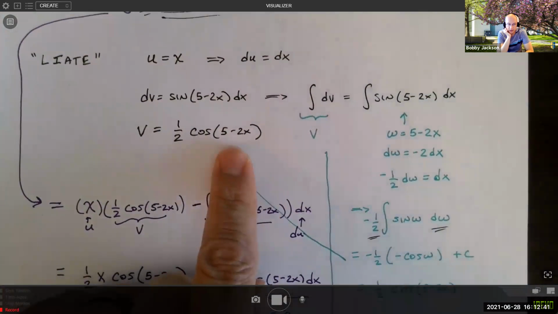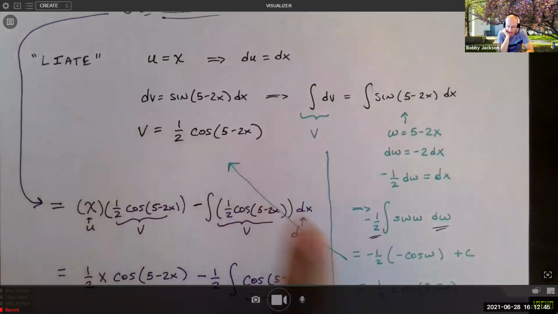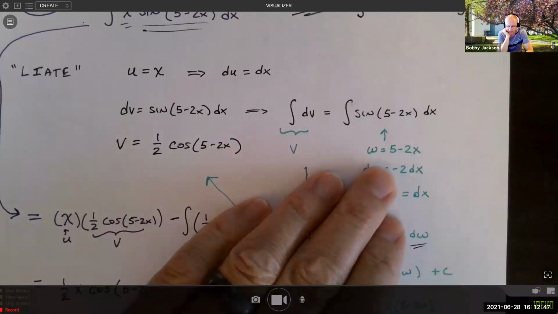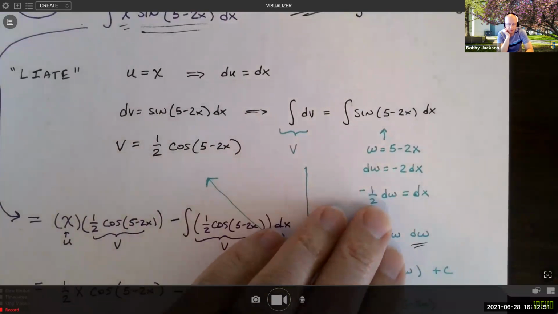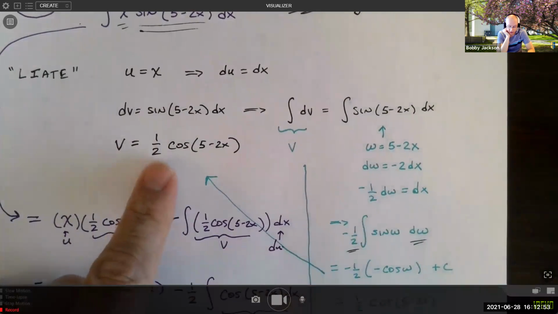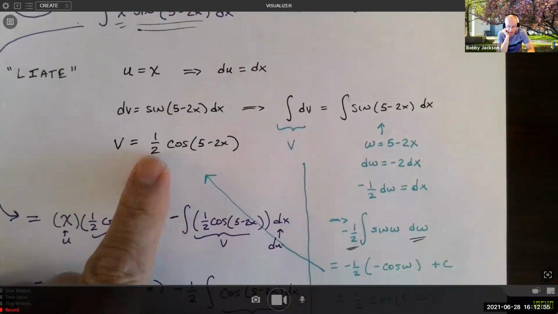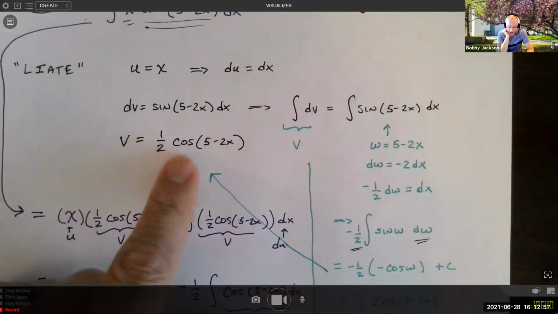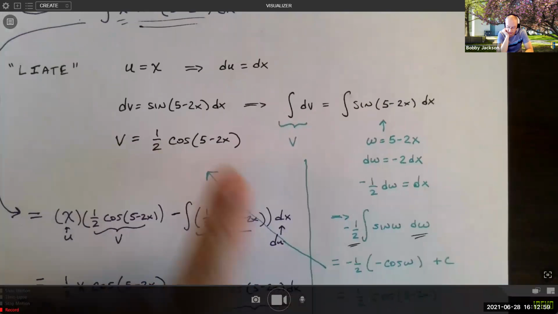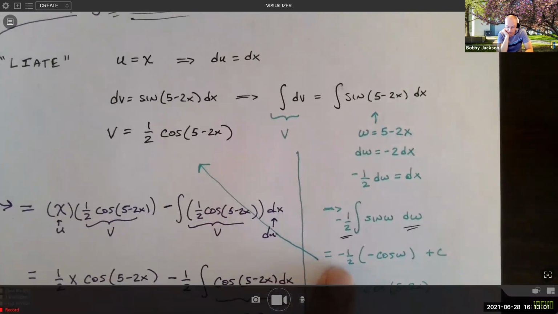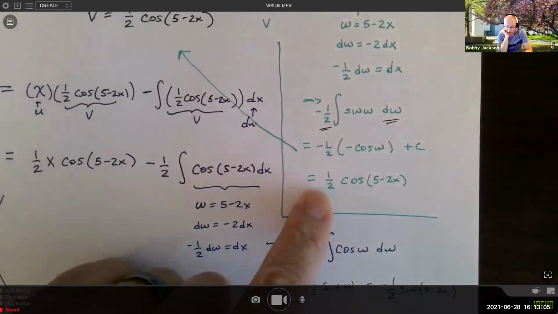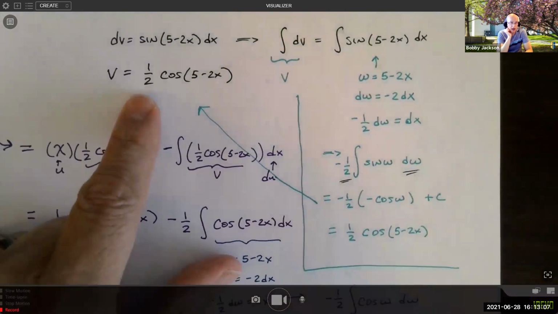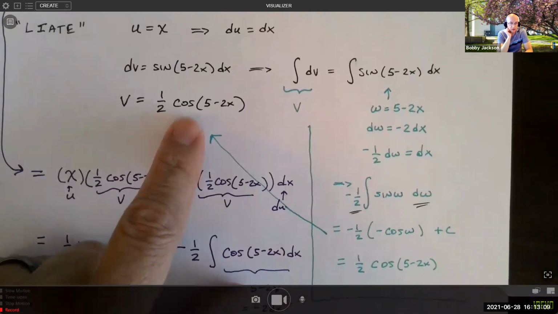I would say that's a simple substitution where the inner function is just a linear function. So you do have to get that 1/2 out there. And notice also, typically when we integrate sine, we get negative cosine, but because of this composition, the -1/2 times the negative makes it positive, and so it's +1/2 cosine of 5 minus 2x.